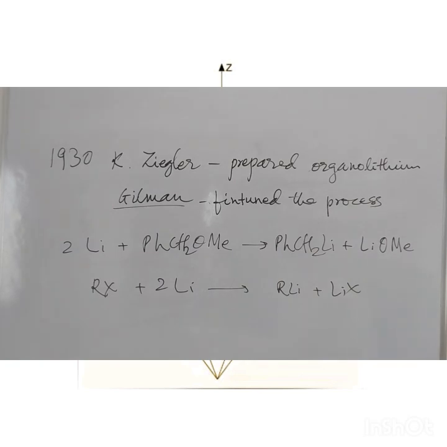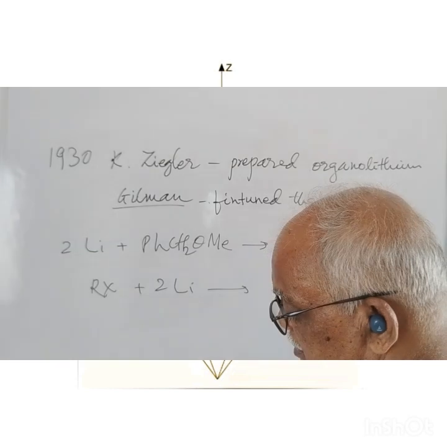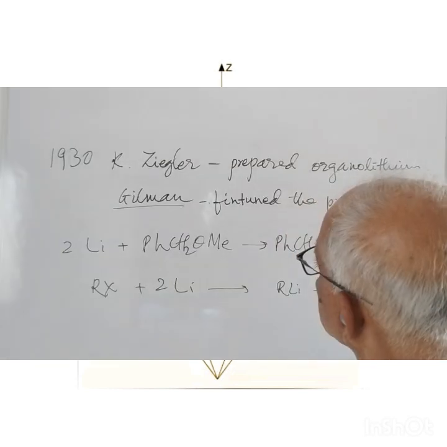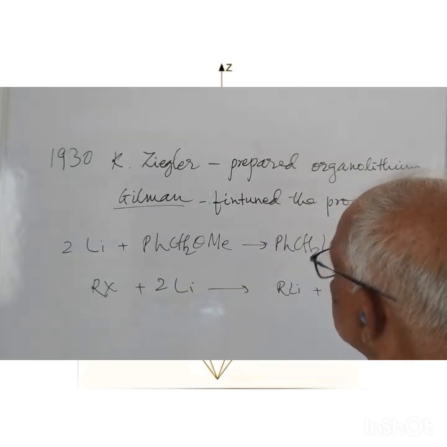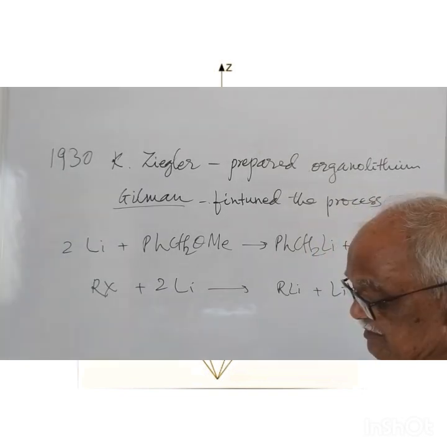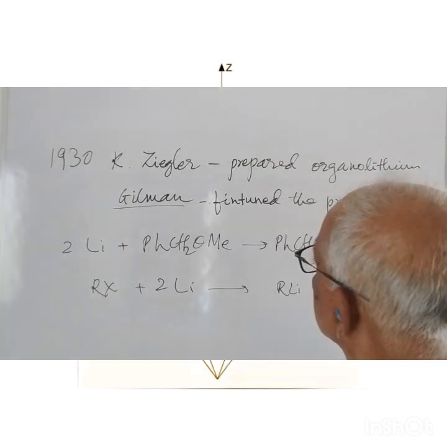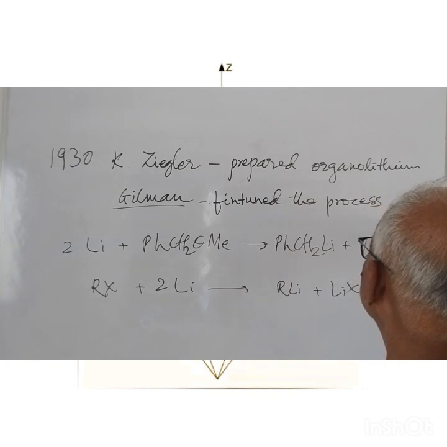So this is the important event which took place in 1930, contributed by Ziegler and Gilman. They provided a simpler route for synthesis of organometallic compounds, which was further fine-tuned by Gilman.